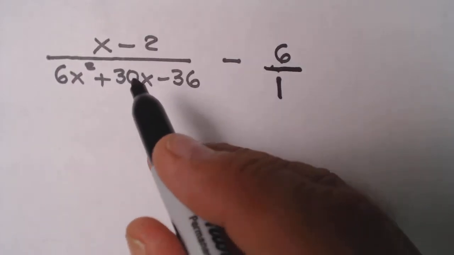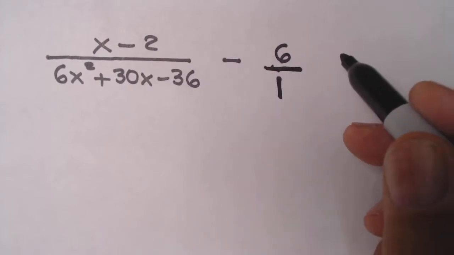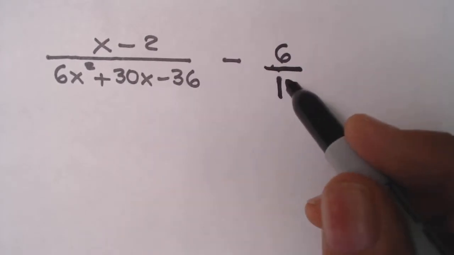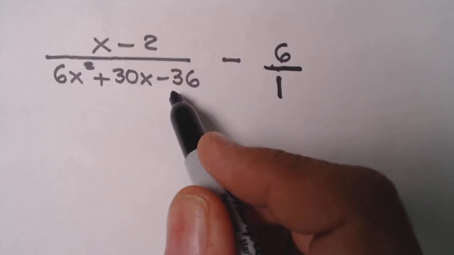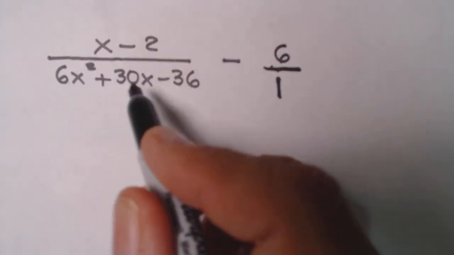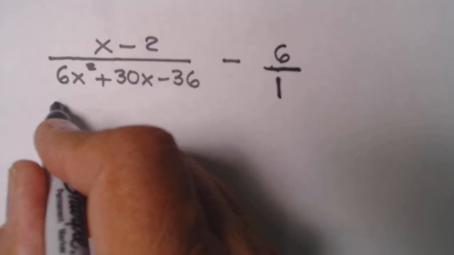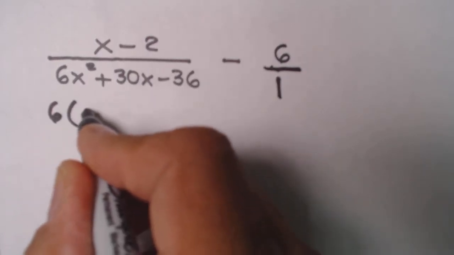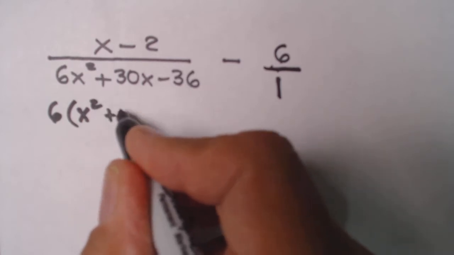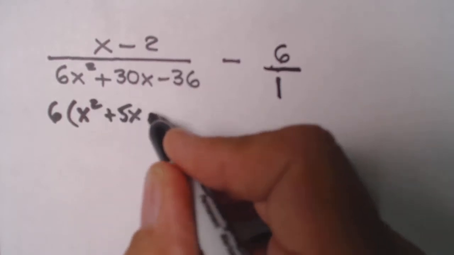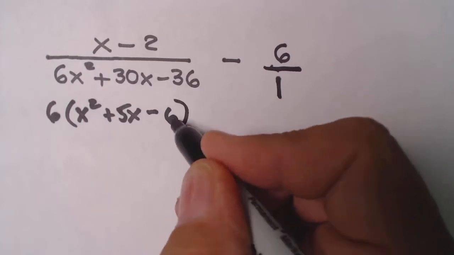Now, the next thing we need to do is factor the bottoms. This is just a plain 1 here, so no problem with that. But factor this guy, and there's an LCD here to begin with. I can factor 6 out, and that'll leave me with x squared plus 5x minus 6.